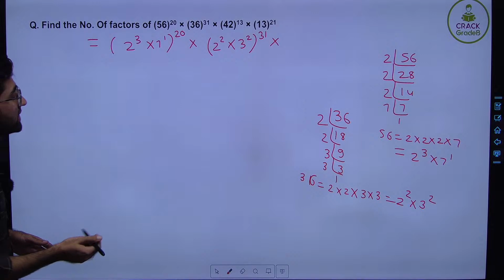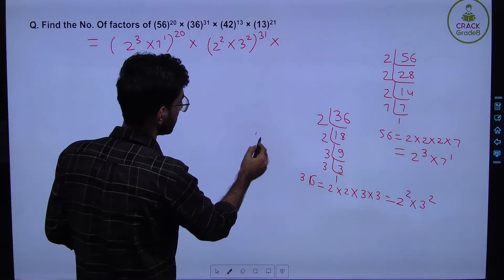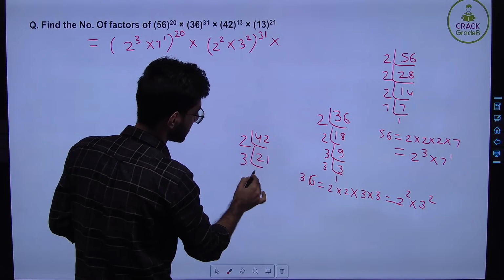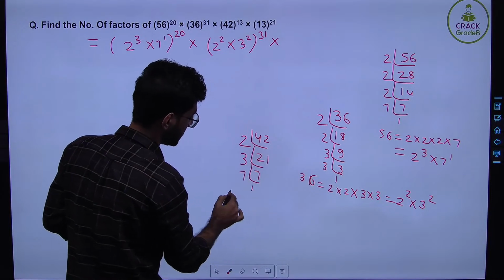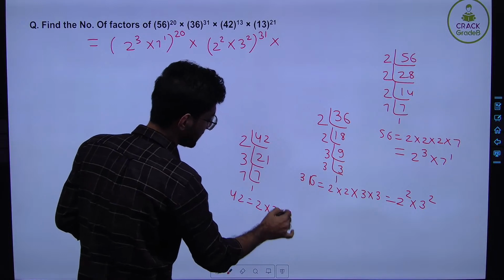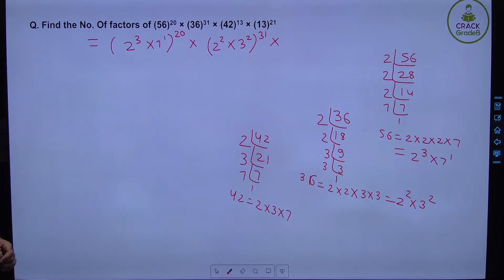right? Then you will write 42 in this way: 2 into 21, 3 into 7. So 42 equal to 2 into 3 into 7. Right?